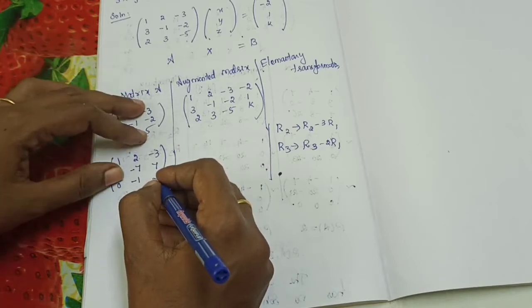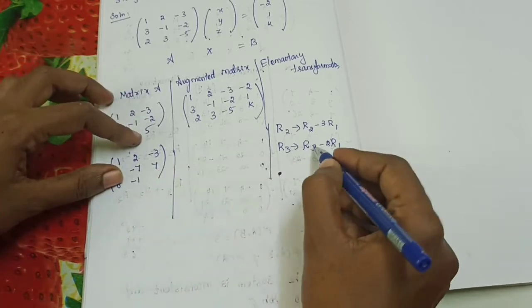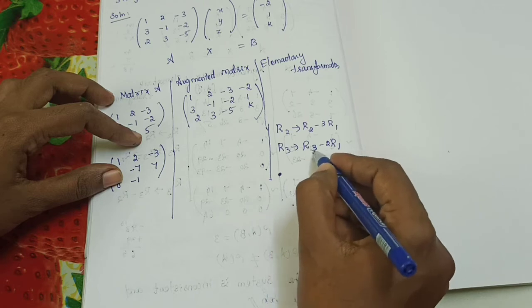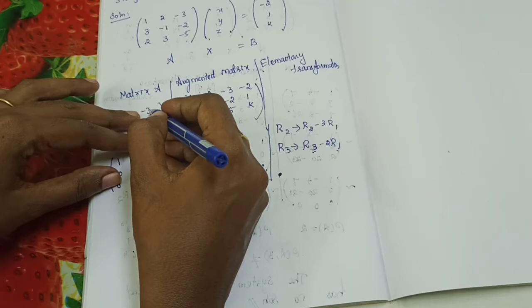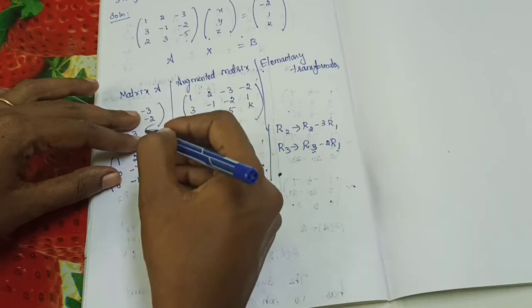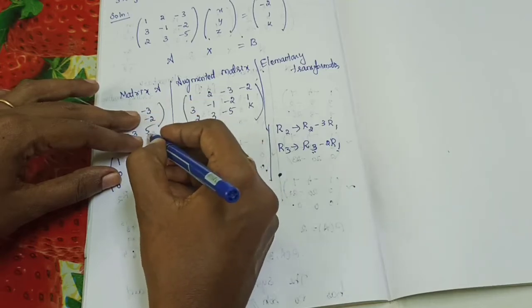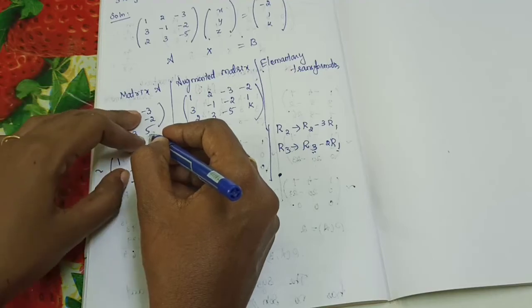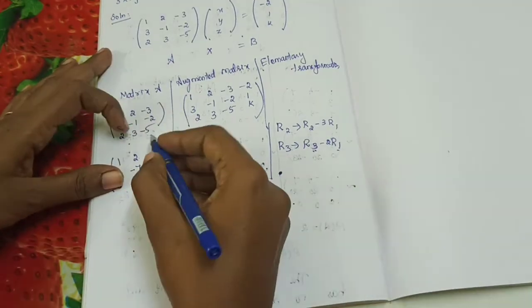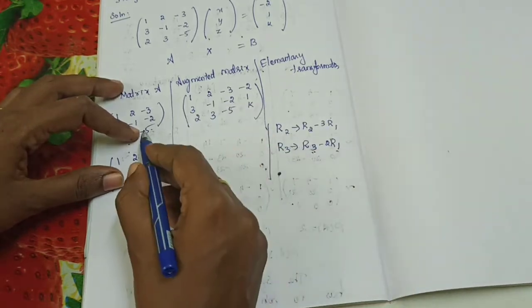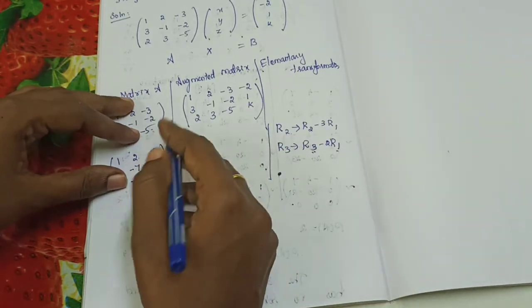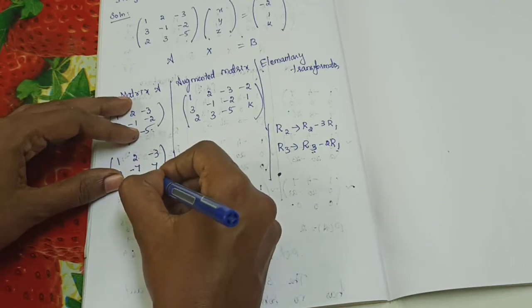Sorry, minus 5 is there, so minus 5 minus of minus becomes plus. So you will get 1.